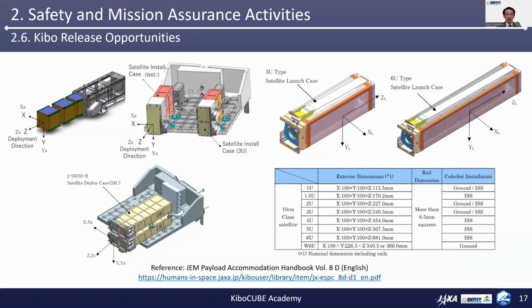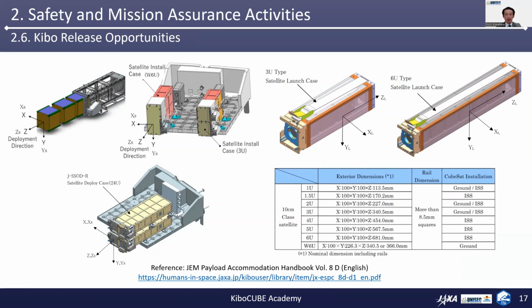On this slide, I have summarized the CubeSat deployment opportunities from Kibo. Kibo provides options of J-SSOD in 3 different forms: 3U, long 6U, and wide 6U. Consequently, there are these kinds of form factors of CubeSats which you can utilize for your own project.